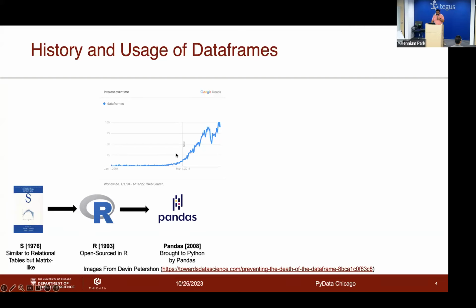So we have the Google Trends graph, something you'd see in a lot of these presentations talking about how things are super popular. But what has happened recently is people are trying to crunch larger and larger data sets on pandas.